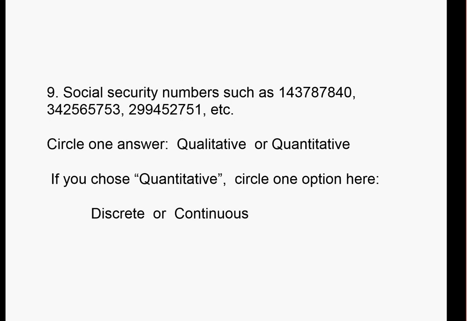Your name, such as John Smith, is a qualitative variable. A social security number performs the same function to give each person a label, a code.